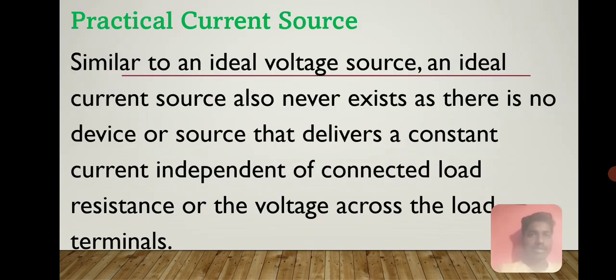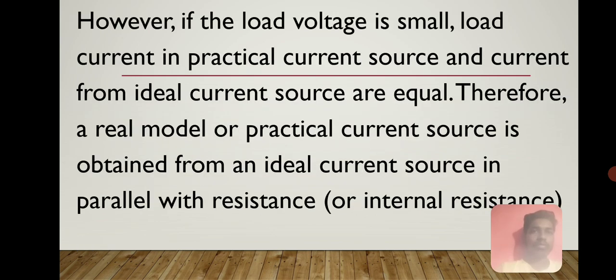Practical current source. Similar to an ideal voltage source, an ideal current source also never exists, as there is no device or source that delivers a constant current independent of the connected load resistance or the voltage across the load terminals. However, if the load voltage is small, the load current in a practical current source and the current from an ideal current source are equal.